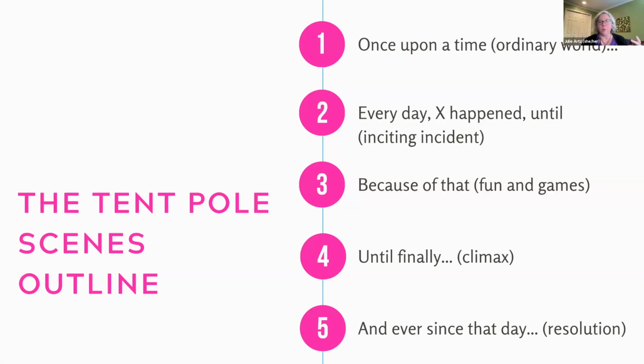It's a really easy way to start to see what those turning point moments are. And so you'll see that I've also woven in a little bit of talking about story structure into the fairy tale structure. So the once upon a time is your main character's ordinary world.